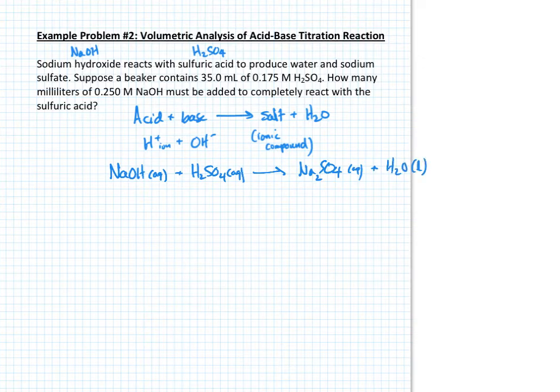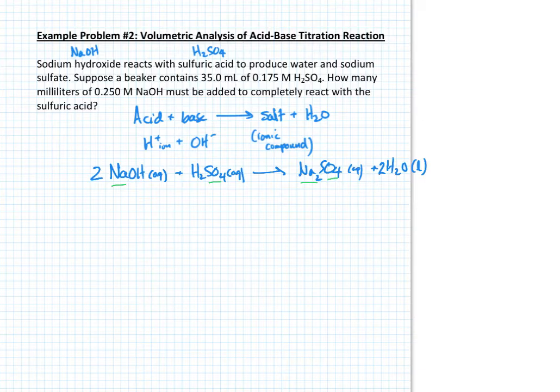Then the next thing we need to do is balance this equation. Just quickly using our rules, we notice that there are 2 sodiums on the right and only 1 on the left. So I'm going to need a 2 out in front of the sodium hydroxide. And I've got 1 sulfate, 1 sulfate, so that is not going to need to change. So I'm going to need to put a 2 out in front of the water to balance this equation out.